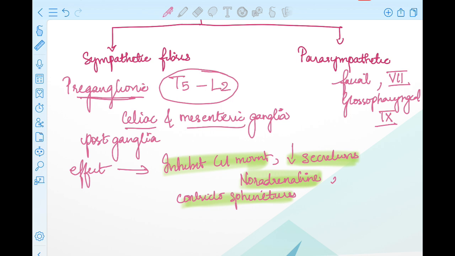The parasympathetic fibers supply the mouth and salivary glands via the facial and glossopharyngeal nerves.